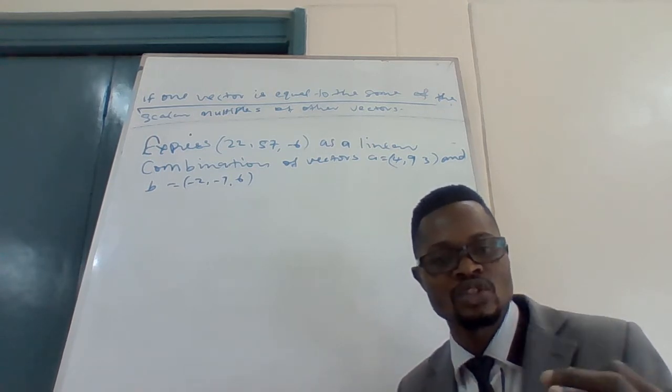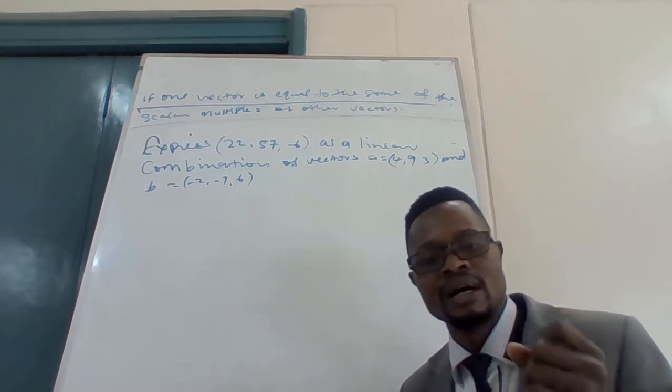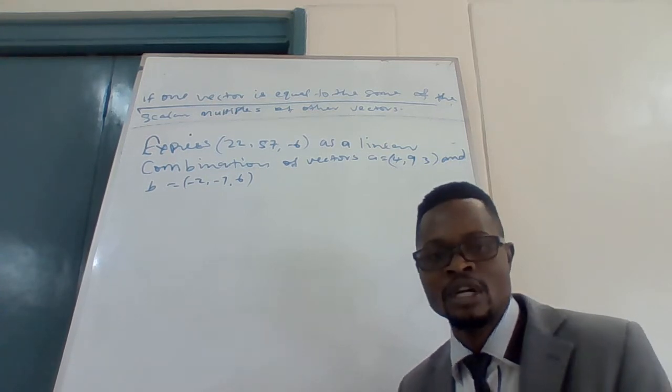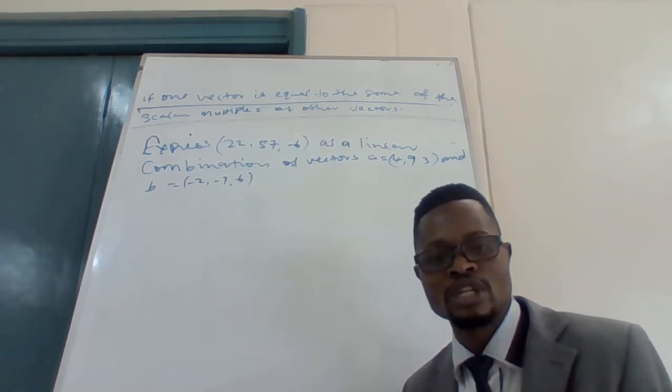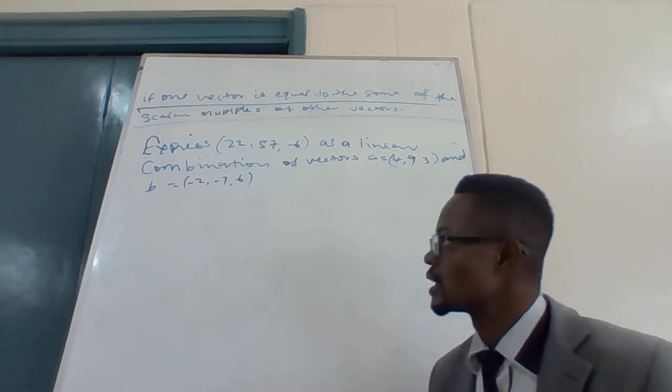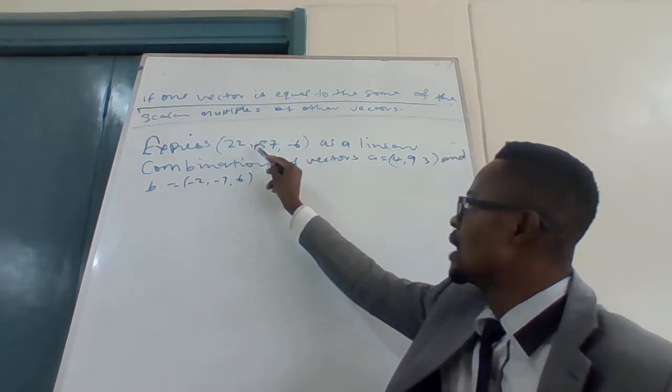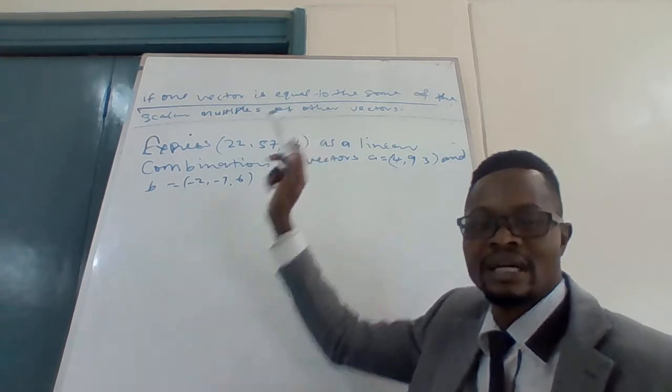It could be three vectors, but in our case we have vector A and vector B. So let us introduce alpha to be our vector so that it will represent these values 22, 57, and -6.